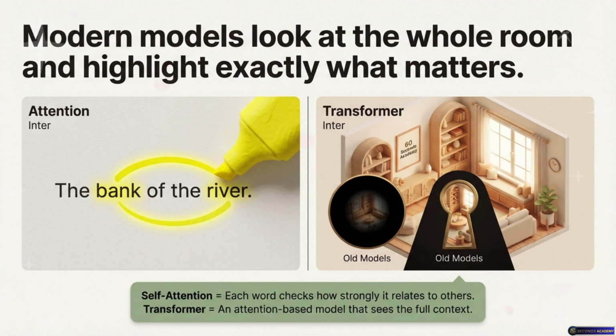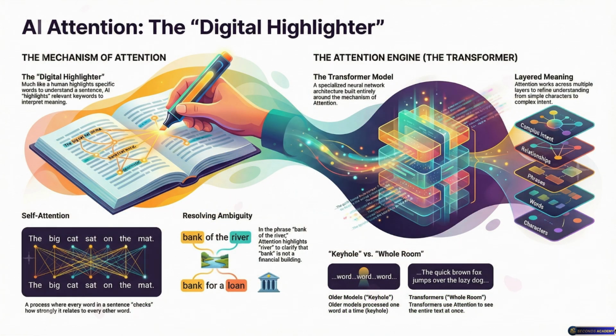Exactly. But mathematically, how do you program a highlighter in Python? You do it through massive matrix multiplication. Attention is the mathematical process of computing relevance scores between every single token on the memory disk and every other token on the disk. Every single one.